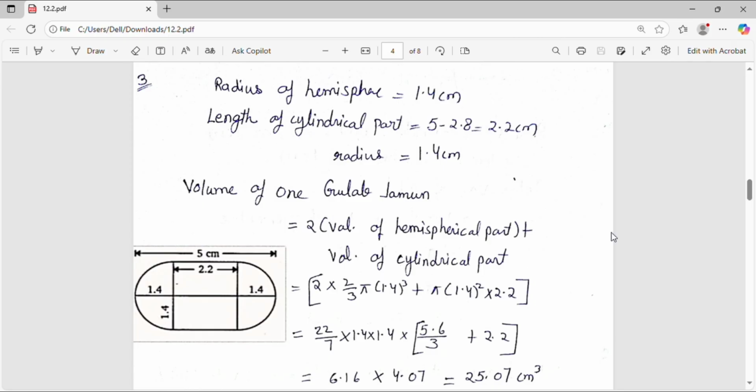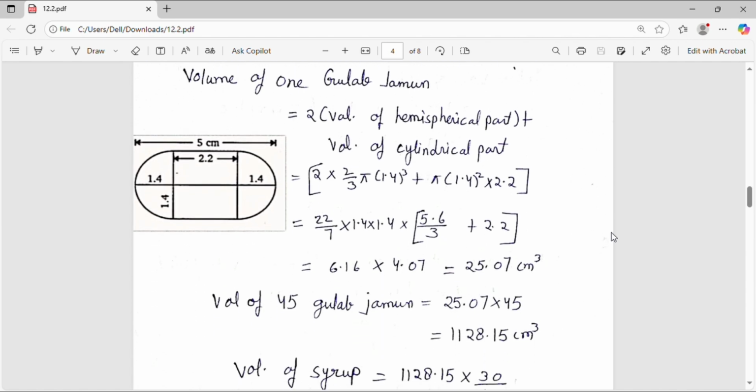So we will subtract both the radii from both ends and we will get the length of cylinder as 2.2 centimeter. And the volume of one gulab jamun would be 2 into volume of hemispherical part plus volume of cylindrical part. So by applying the formula for both the figures, we will get the volume of one gulab jamun as 25.07 centimeter cube. Then the volume of 45 gulab jamuns would be multiplied by 45.